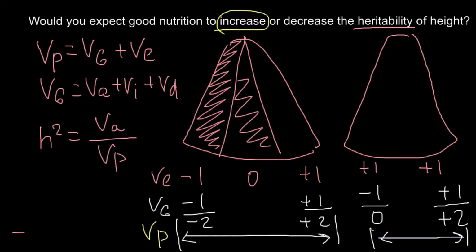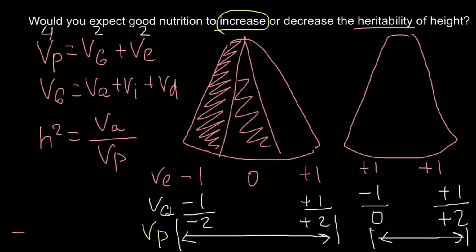So we can put here 2 for the environment variance, and genetic variance, we also can say this is going to be additive. Genetic variance here also would be between -1 and +1. This is going to be 2. So we also can put 2 for the variance genetic. So total phenotypic variance would be equal to 4. So we can put 4 here.